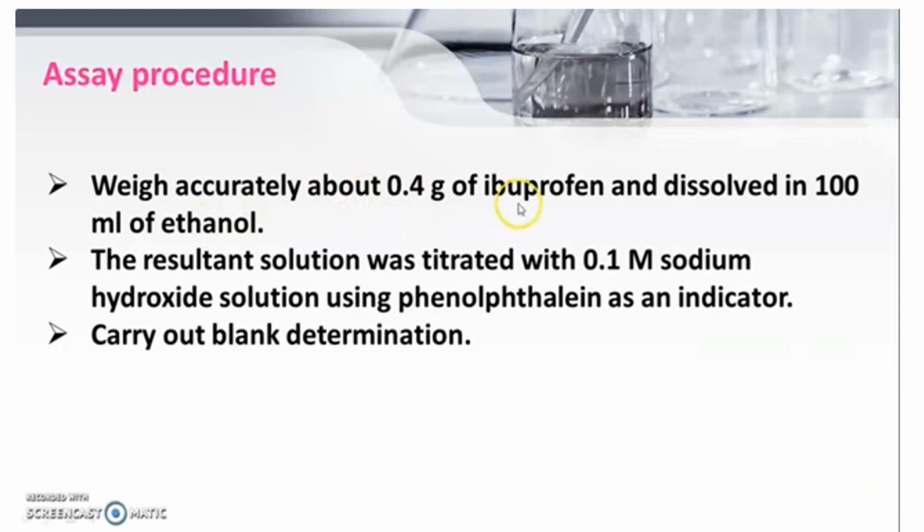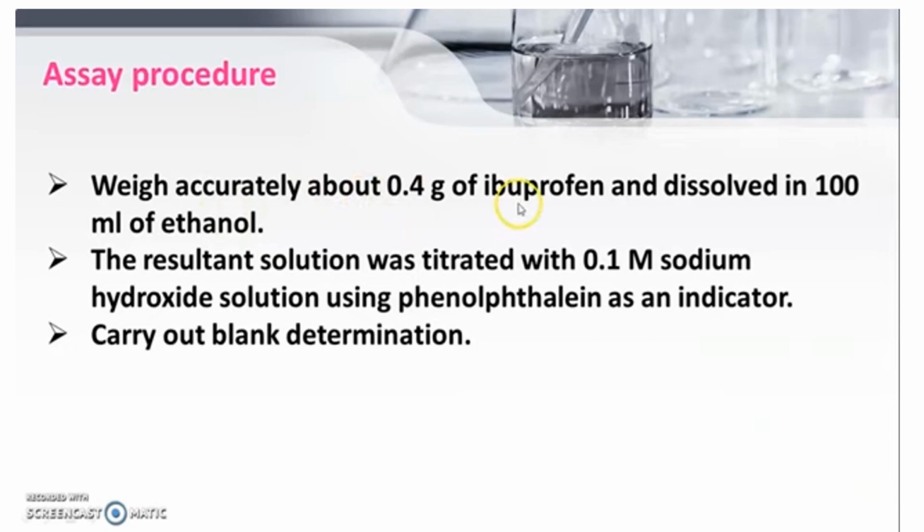Now the procedure. Weigh accurately about 0.4 gram of an ibuprofen tablet. Crush it using a mortar and pestle and dissolve it in 100 ml of ethanol. Since it is less soluble in water, it is highly soluble in ethanol.